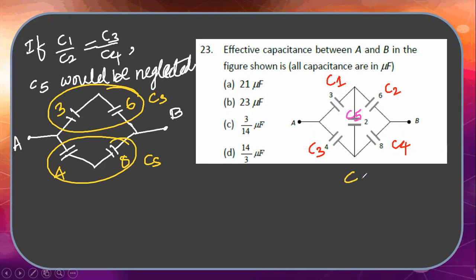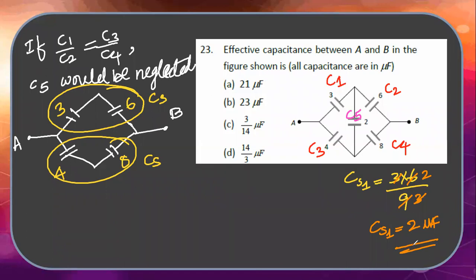If I take the top one as CS1, CS1 is C1 C2 by C1 plus C2, so 3 into 6 divided by 3 plus 6, which is 9. 3 gets cancelled into 9 three times, and 6 gets cancelled 2 times. So CS1 is equal to 2 microfarads.